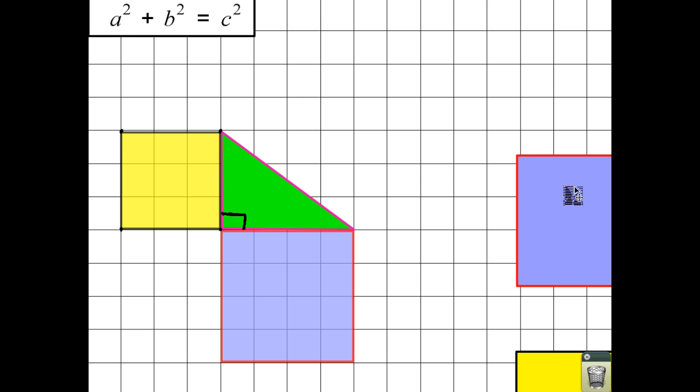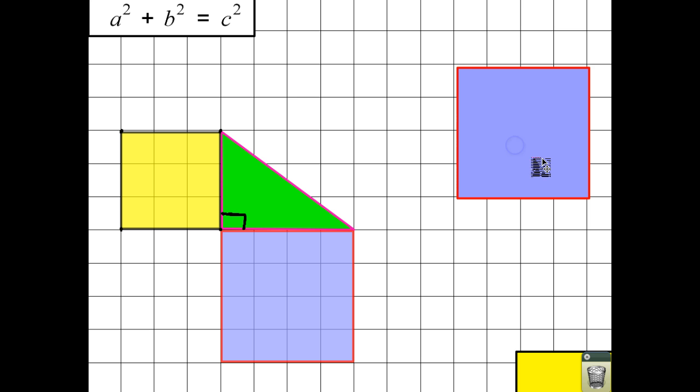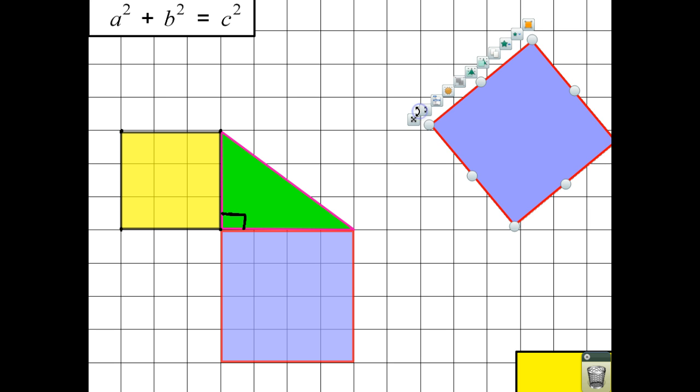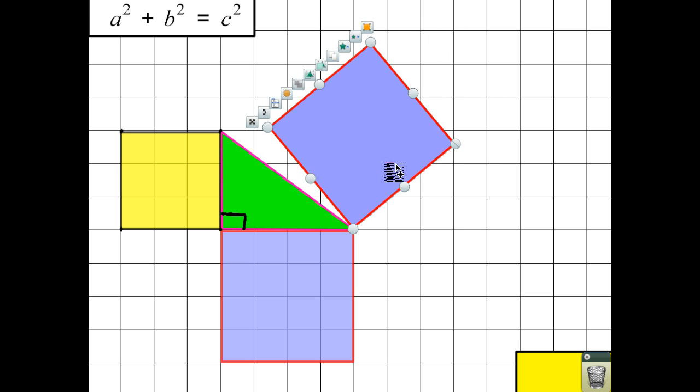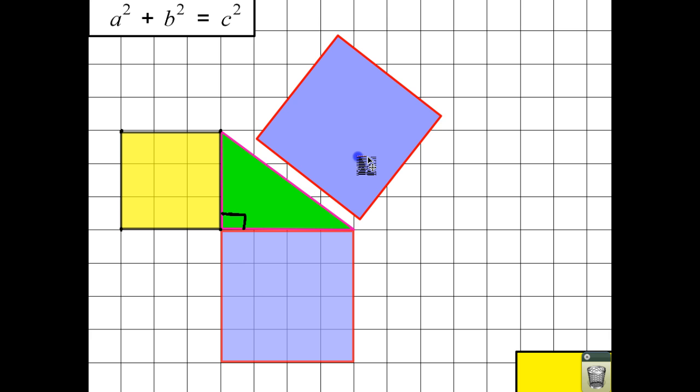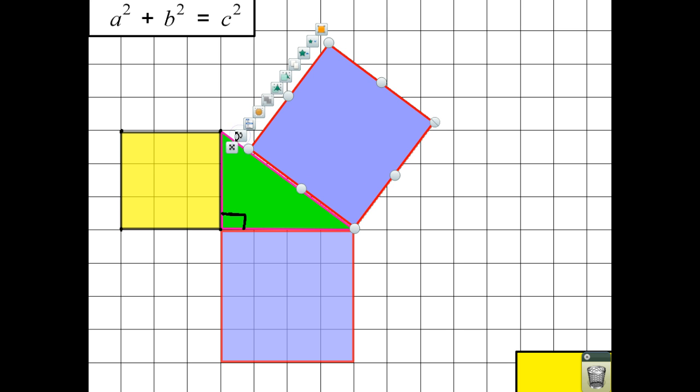We could put the numbers into the theorem and solve it, which we're going to do later on. But if I'm going to have a proof, I'm going to take what ended up being the b square, rotate it, and put it right on top of the hypotenuse leg and see what happens.